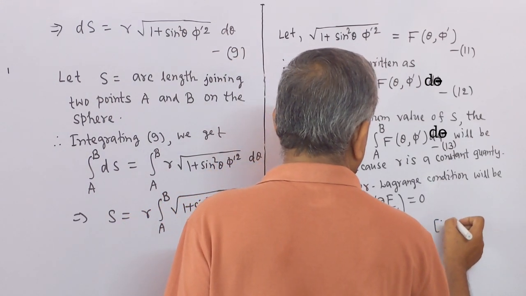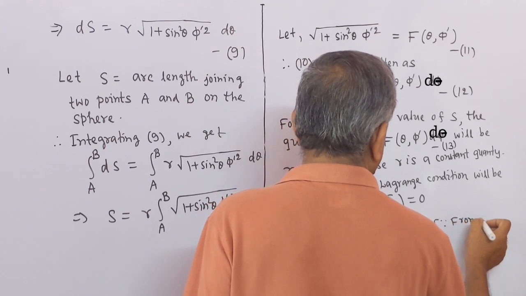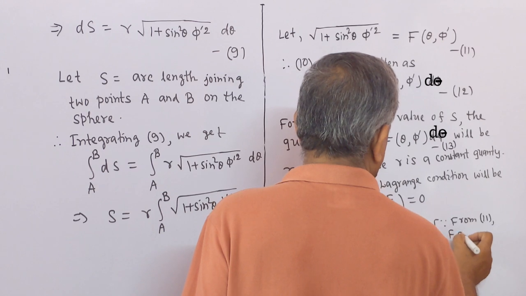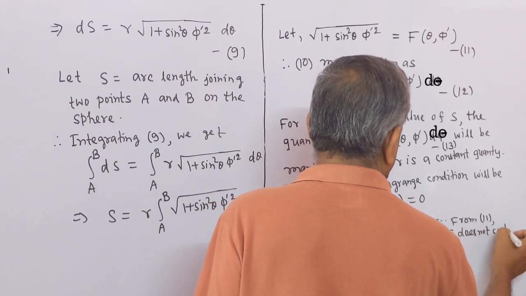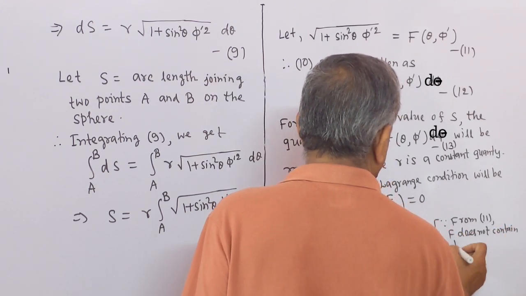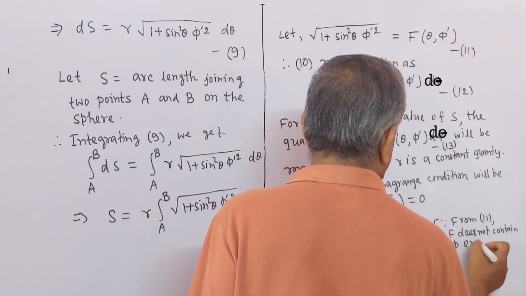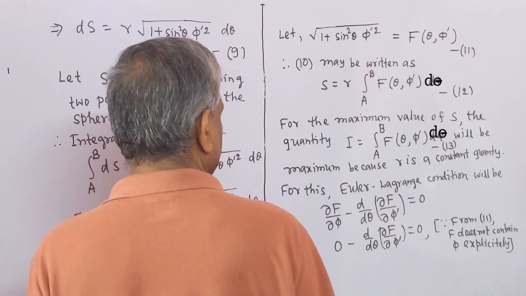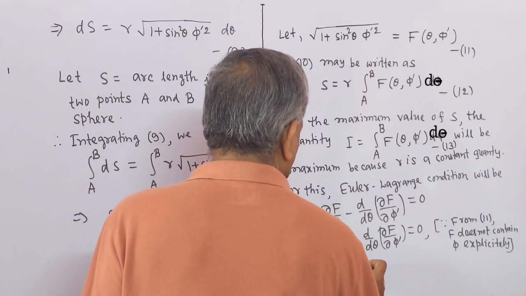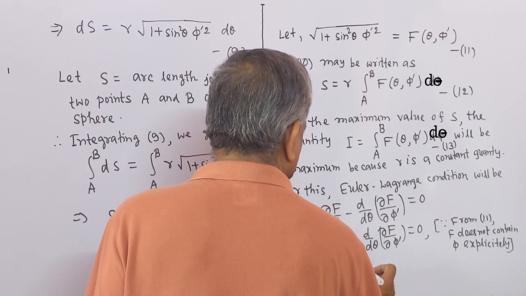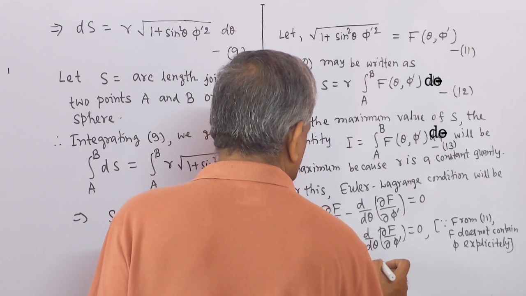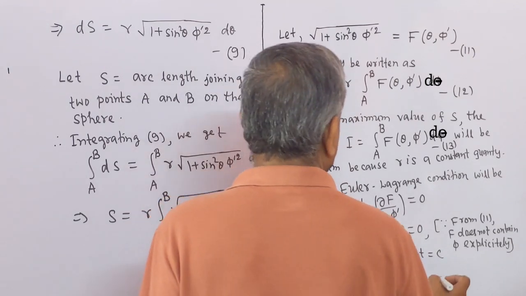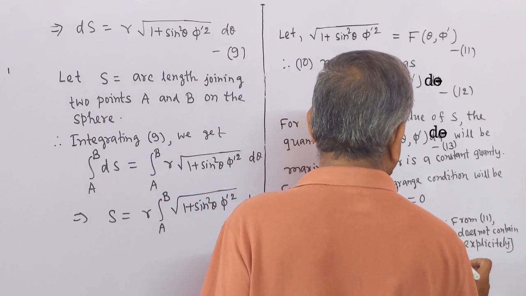Since from 11, f does not contain phi explicitly, this will be 0 minus d by d theta of partial derivative of f with respect to phi prime equal to 0, implies that if we integrate this, partial derivative of f with respect to phi prime equal to constant C. Let this be number 14.